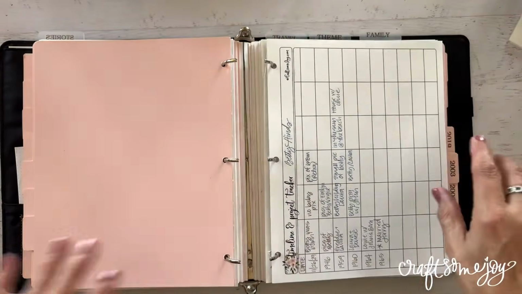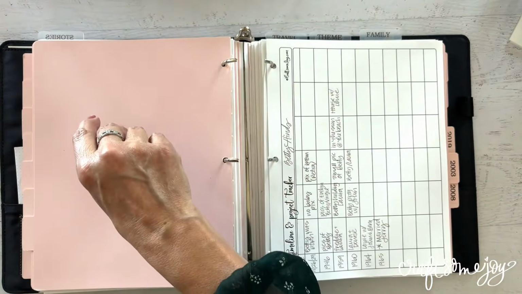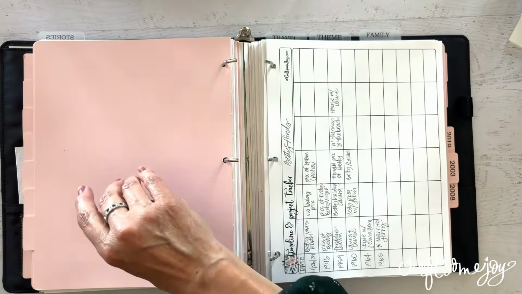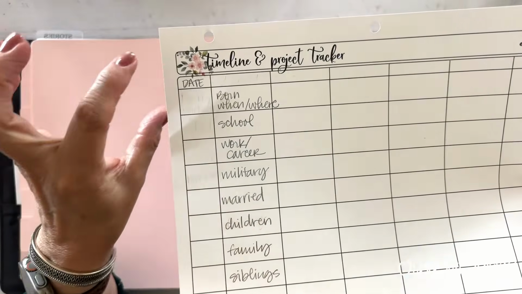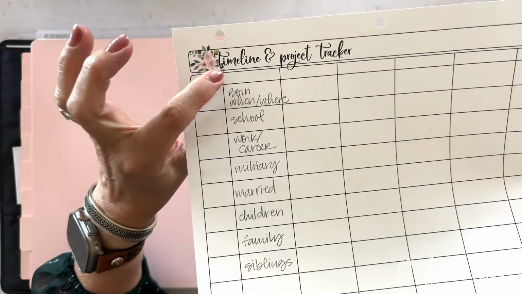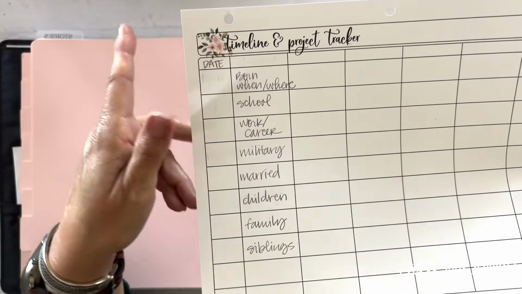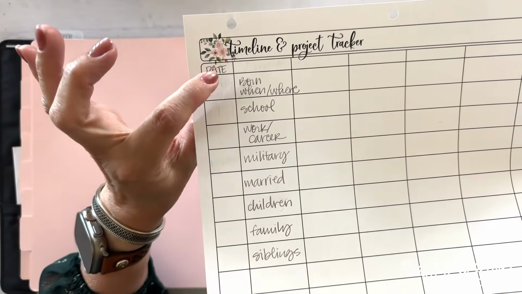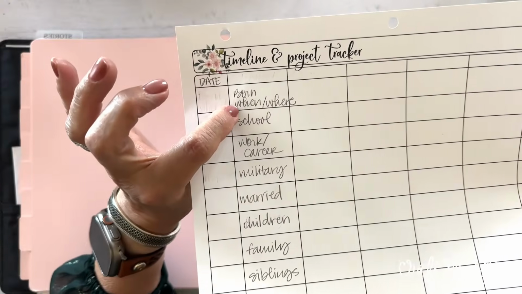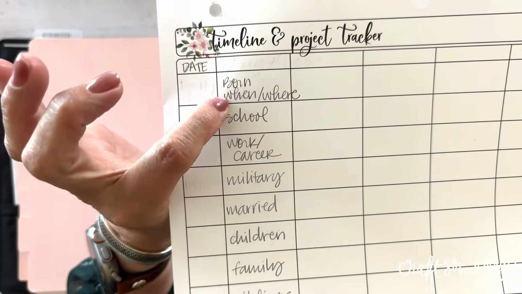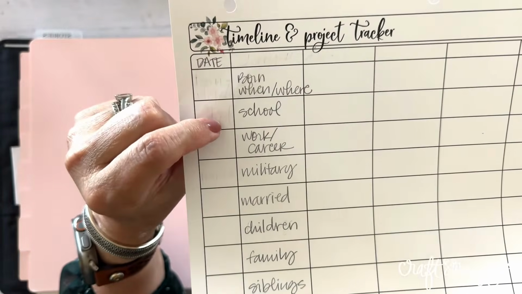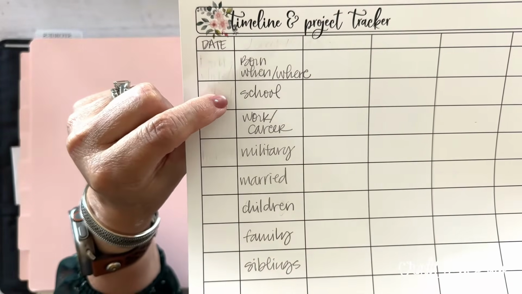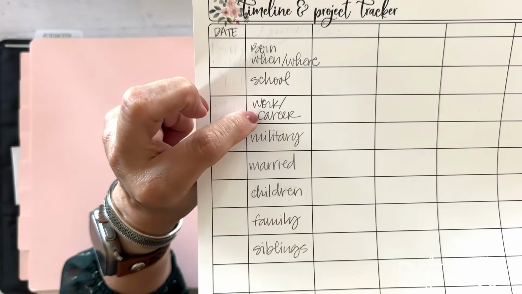Now, another way you could use the tracker, I was thinking about John's dad, would be to go, okay, how about just a big picture overview. So date, when and where were you born? What were your school years? So you can put date ranges in this column. When was your work career?